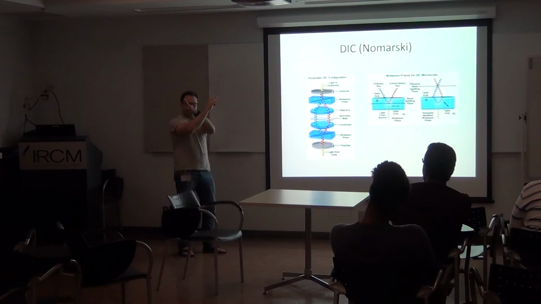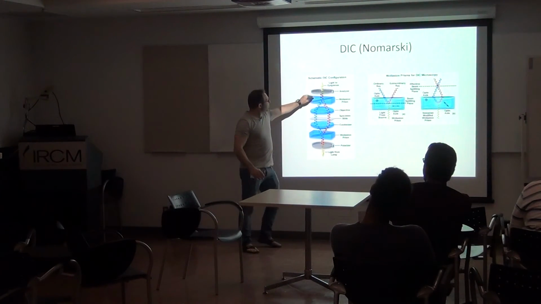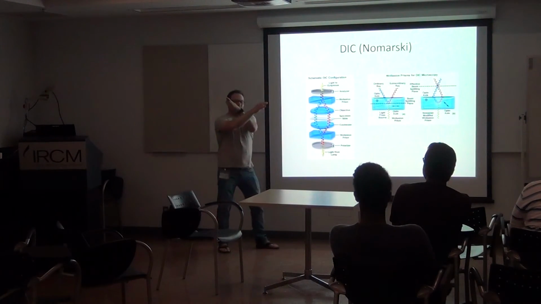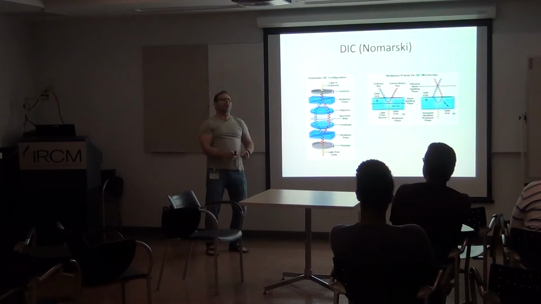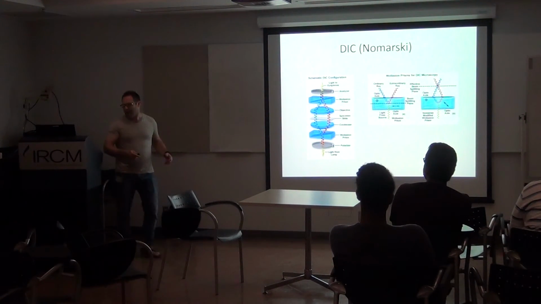Now they are positioned at the same place, and then he uses another polarizer, called an analyzer, because it takes only one part of the polarization, uses the two components in the same polarization, and makes them interfere, and this is how the contrast is generated.